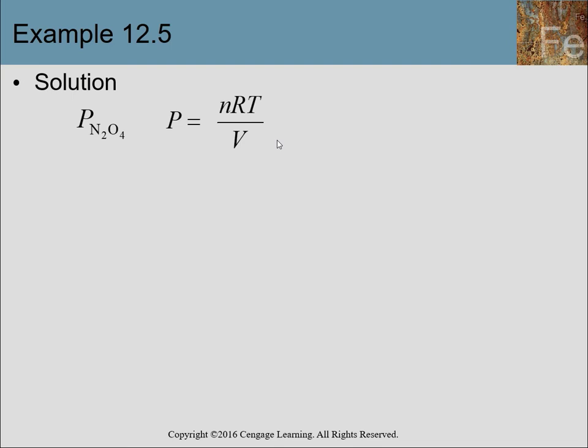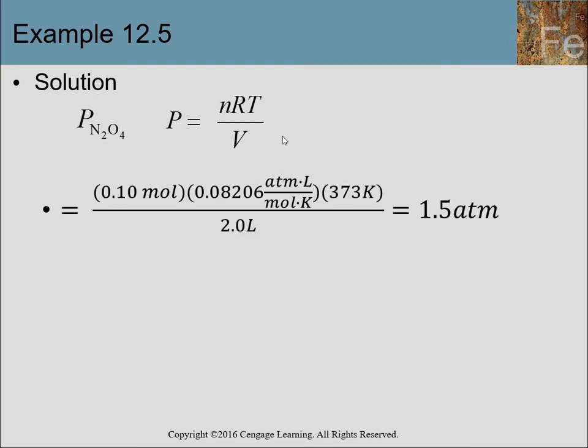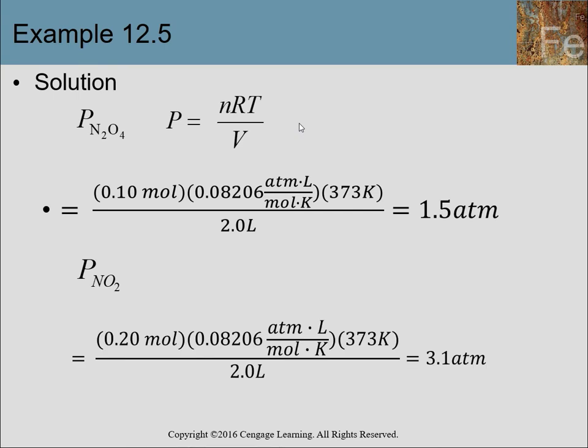So for my pressure, PV equals nRT, which can be converted to P equals nRT over V. See what I did? I just divided both sides by V. And I plugged the numbers in for dinitrogen tetroxide. And then I do the exact same thing for the pressure of nitrogen dioxide, and I get 3.1. So I have my values. I have my pressure of dinitrogen tetroxide and my pressure of nitrogen dioxide, and put them both together.